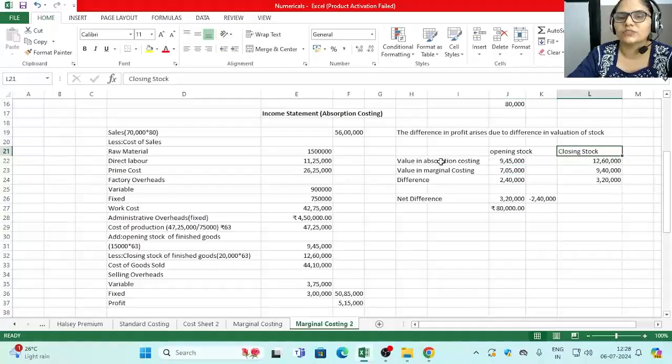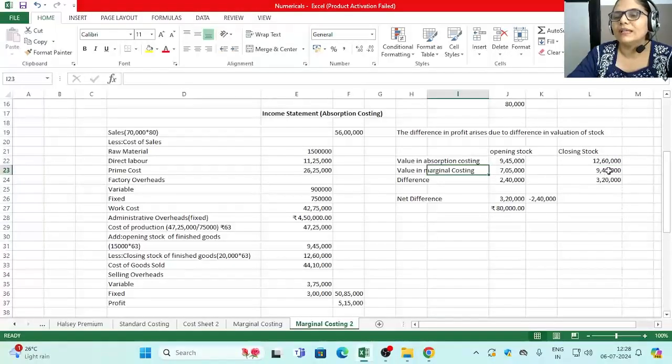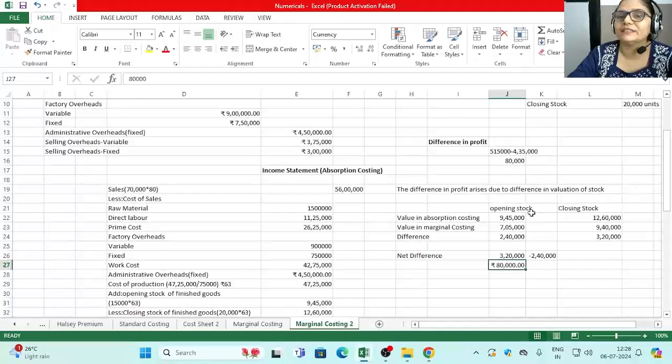In case of closing stock, value in absorption costing is 12,60,000, and value in marginal costing is 9,40,000. So the net difference between opening and closing stock in both cases comes out to be 80,000, and the same difference you can find in case of profit.